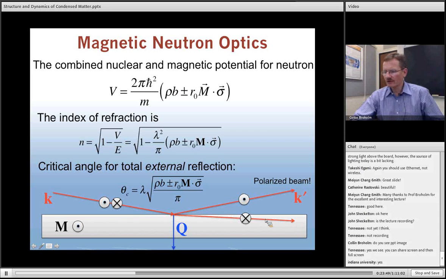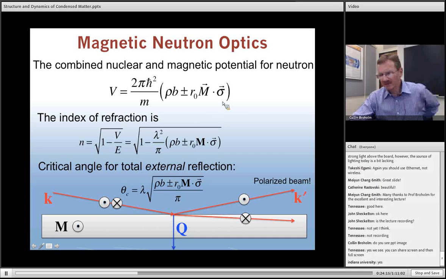And so if I was to then set up a situation in which I only receive the reflected beam, for example, then I would have gone from an unpolarized neutron beam to a polarized neutron beam. This is one of the ways that is employed to actually polarize neutrons, simply relying on the potential of the neutron inside the magnetized material.